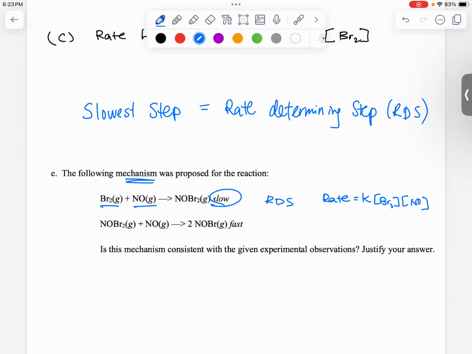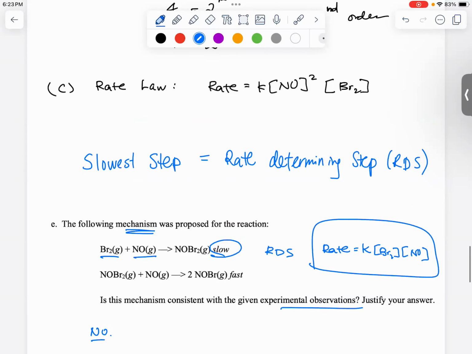So you would always look at the slowest step to judge the rate law, and you go ahead and write down the rate law like this, and you would ask, is this mechanism consistent with the given experimental observation? And we say no. The rate law from this proposed mechanism would be this, while the actual rate law from the experiment is this.